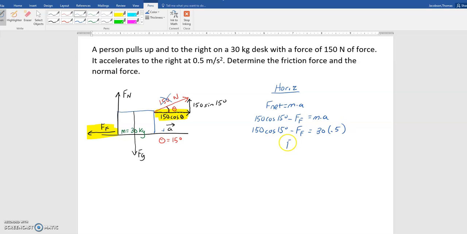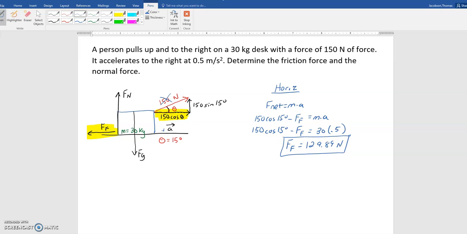meter per second squared. And if I do that correctly, let's see what I get. I get 129.89 newtons.